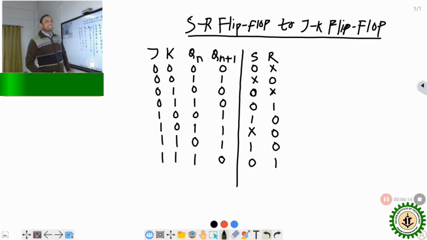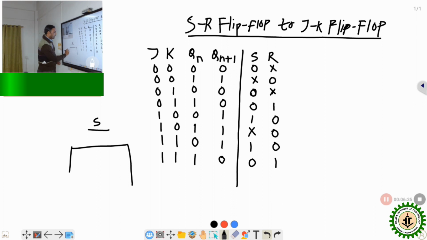Now based on this table, we have to simplify the values of S and R with the help of J, K and Qn. Just consider S first. I am using K-map.